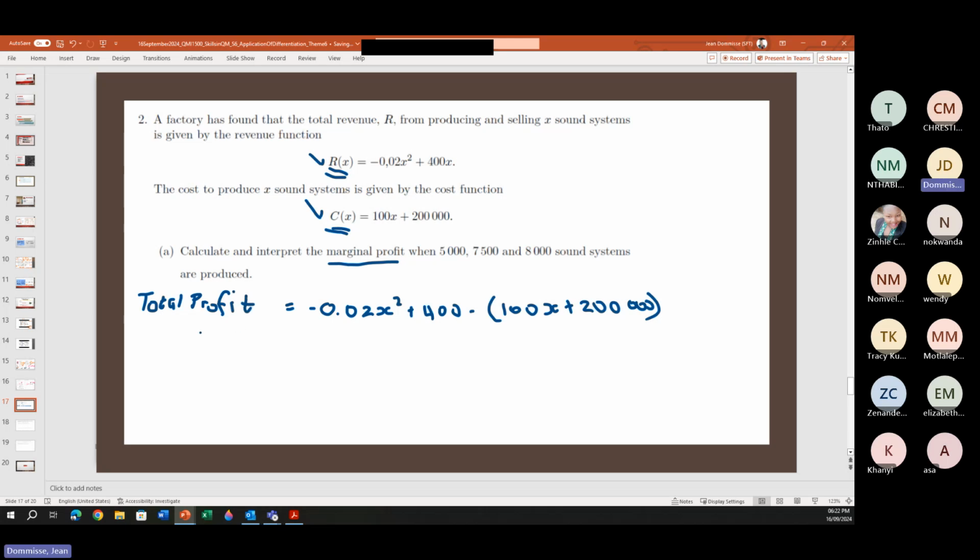So total profit is total revenue minus total cost. Let's first simplify this a bit. I've missed the X there as well.